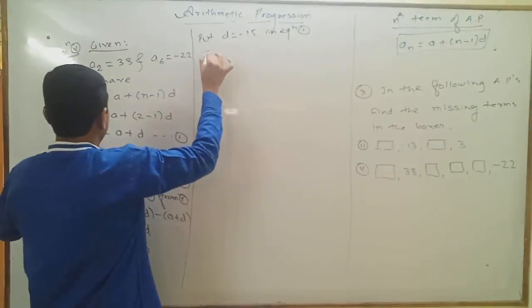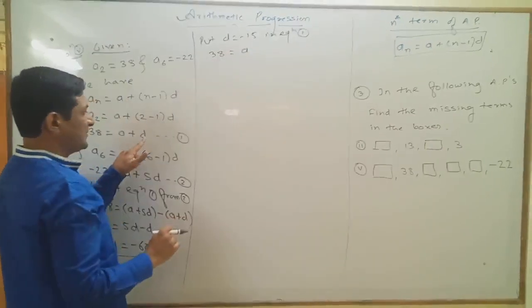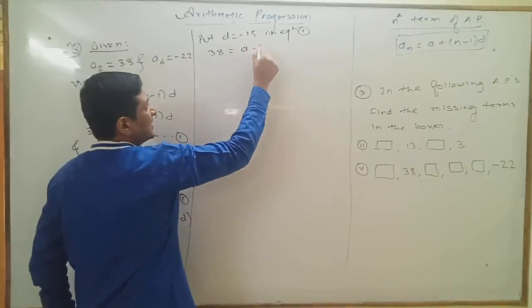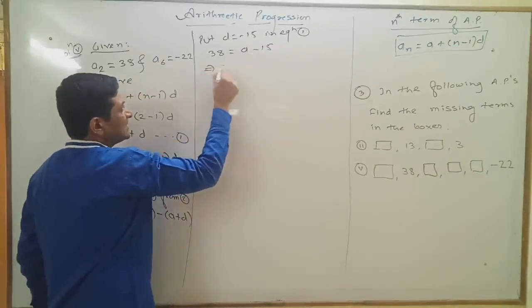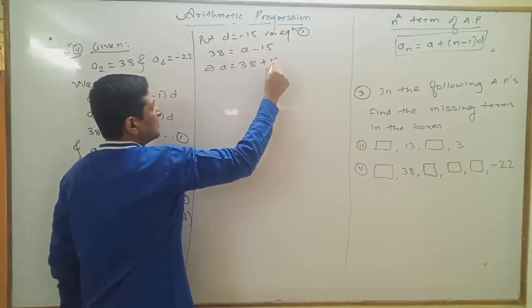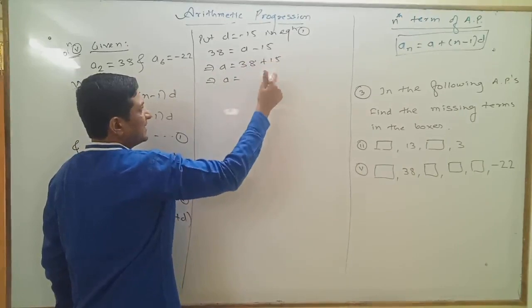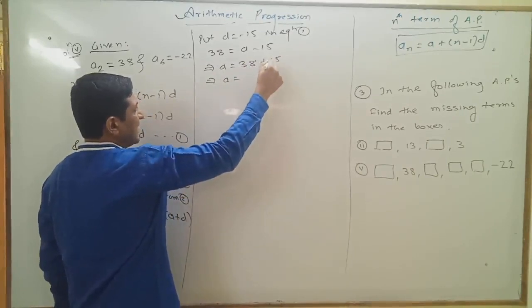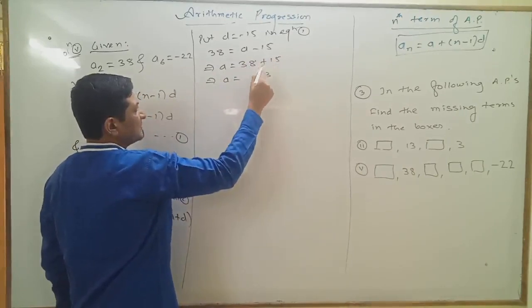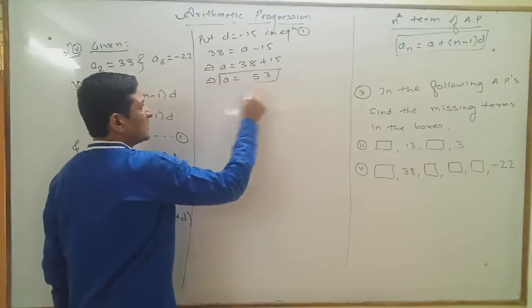On this side, 38, keep it as it is, equal to A also as it is, and substitute the value of D equal to minus 15. So this implies that A is equal to 38 minus 15, which on this side will become plus 15. So 8 plus 5 will be 13, carry one, it will be 53. So in this way we have got the value of A.